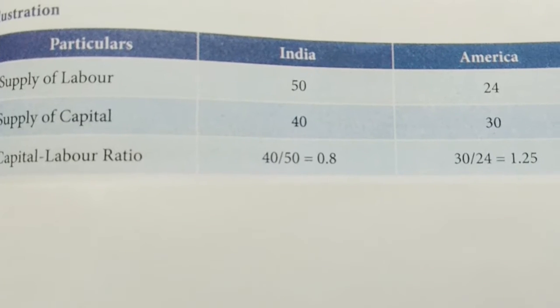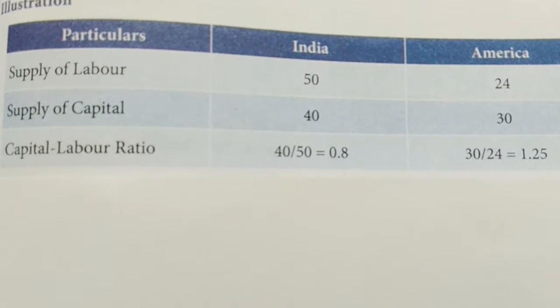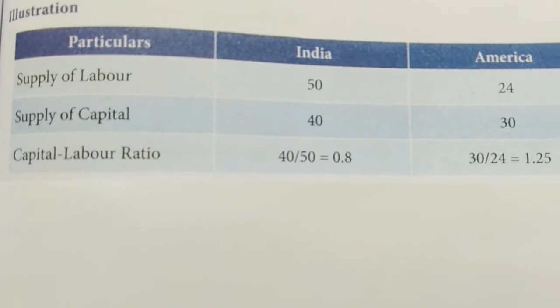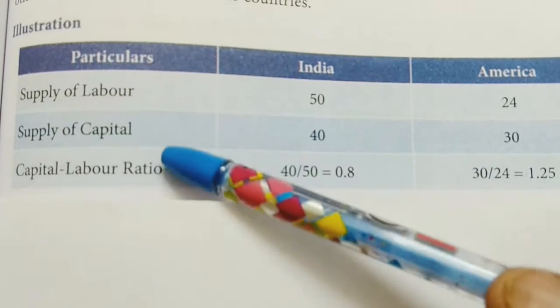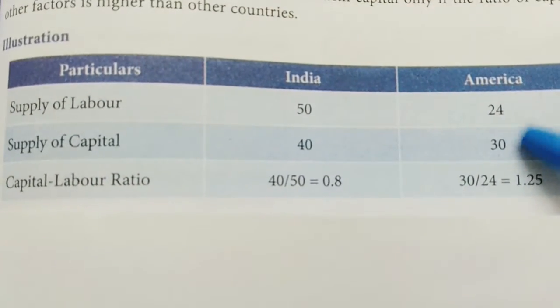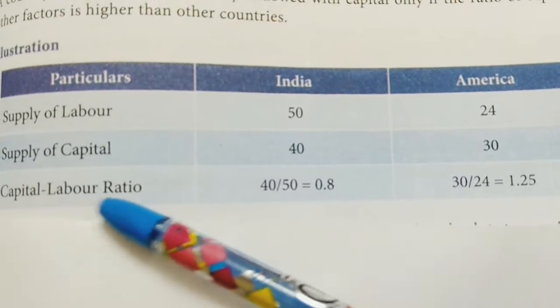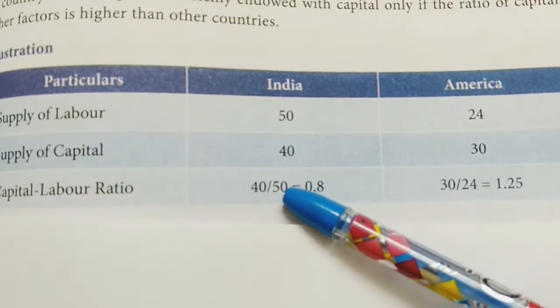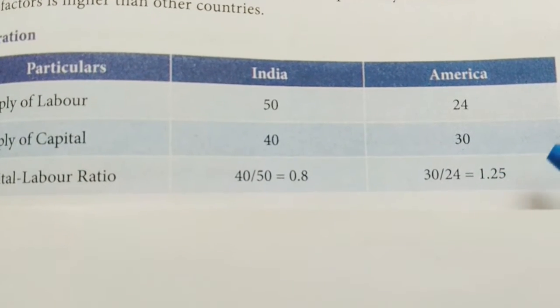Look at the table. Even though India has more capital in absolute terms, look here: the supply of labor, India 50, America 24; supply of capital, India 40 and America 30. Capital labor ratio: 40 by 50 is 0.8, 30 by 24 is 1.25.